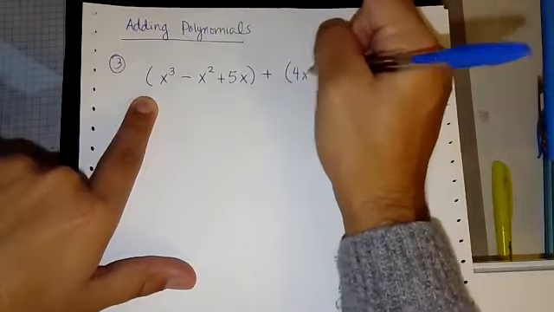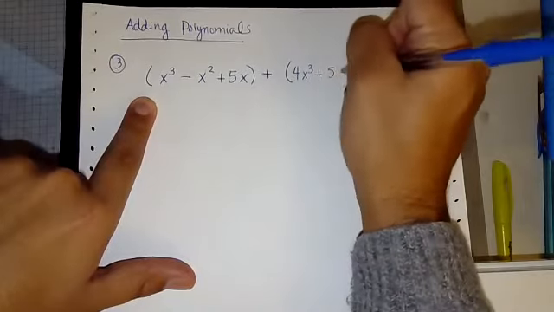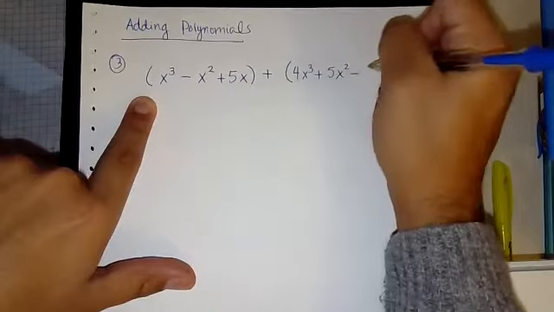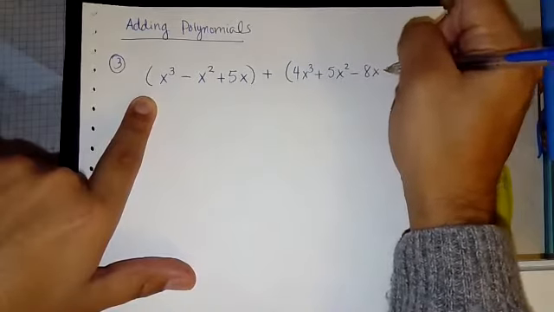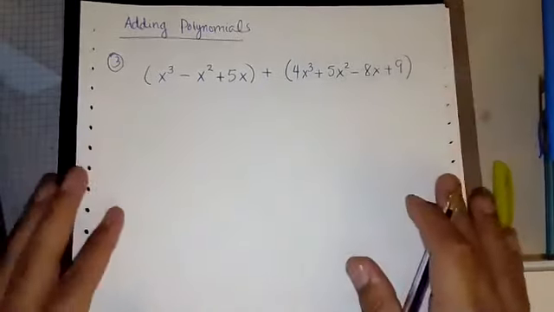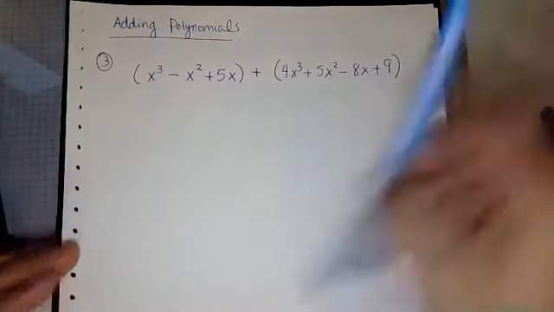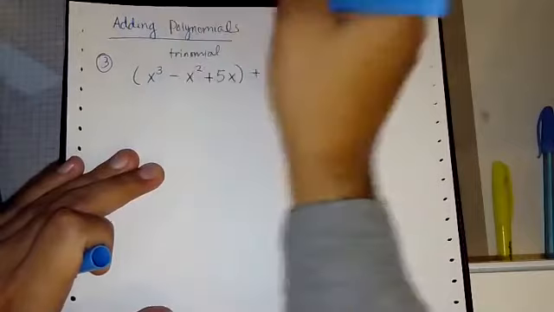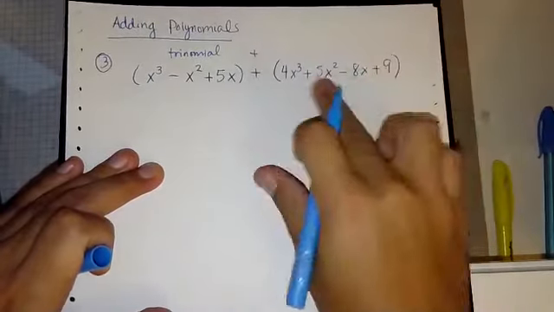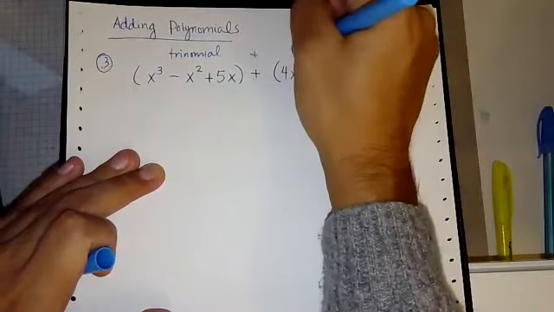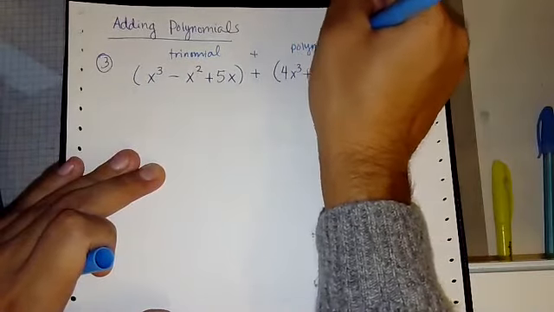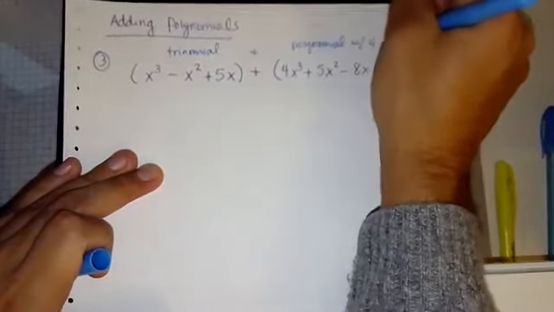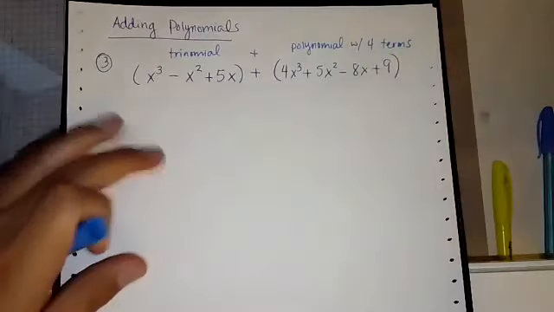We have 4x to the third plus 5x squared minus 8x plus 9. Again, this is a trinomial, and we're adding that to 1, 2, 3, 4, a polynomial with 4 terms. Again, we don't have a special name for that.